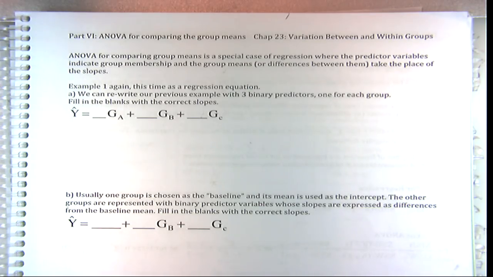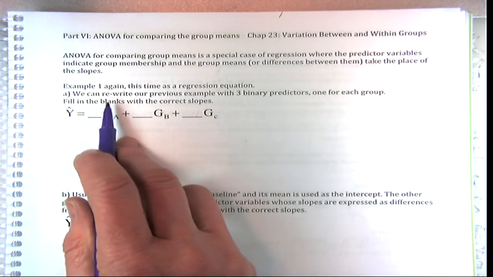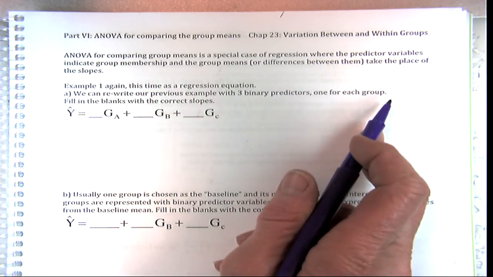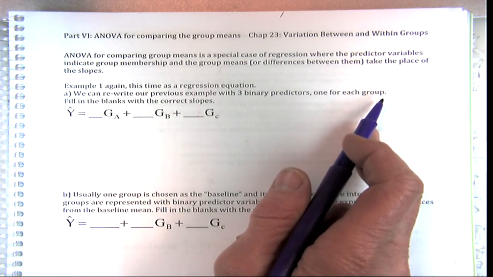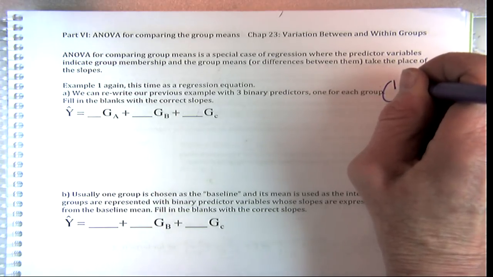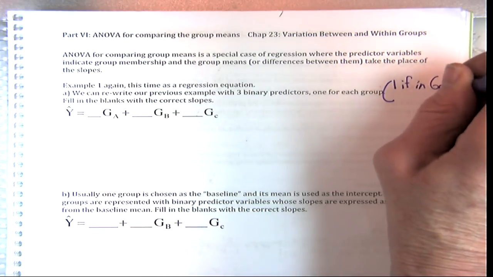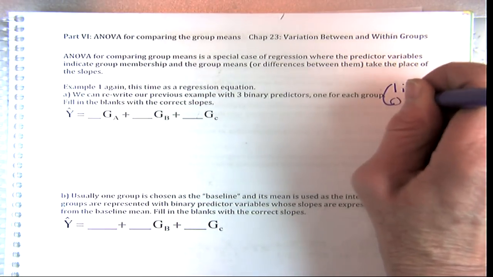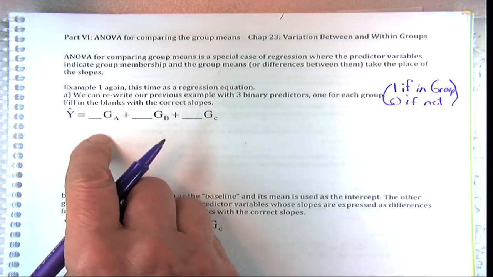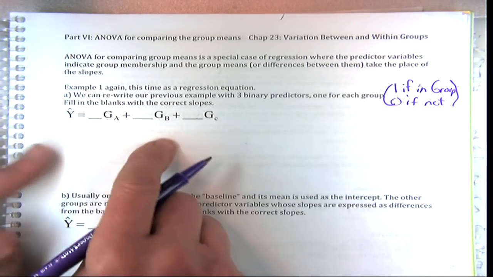All right. So we're just doing this example again. We can rewrite our previous example with 3 binary predictors, 1 for each group, 1 if in group, 0 if not, for each one. And let's see, we could fill these right here in with the correct slopes.